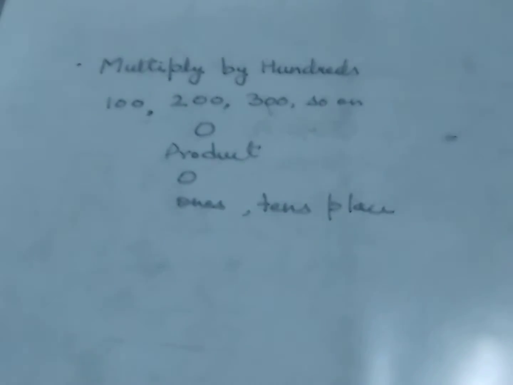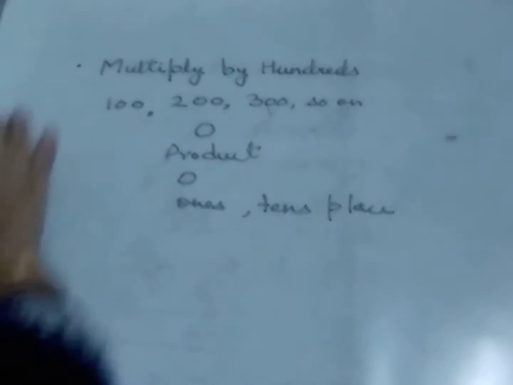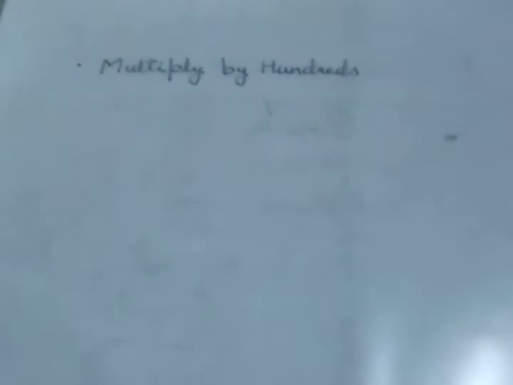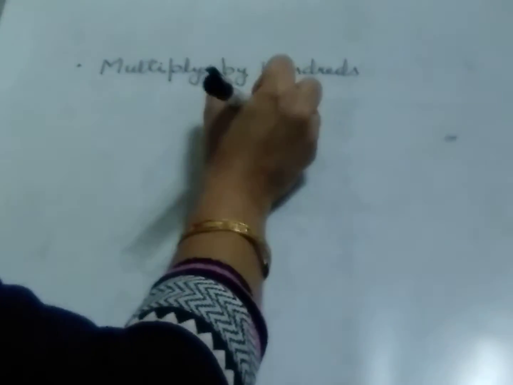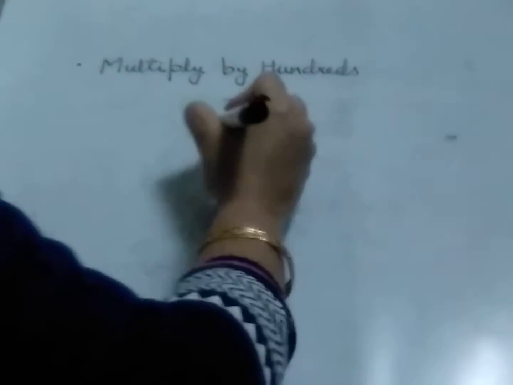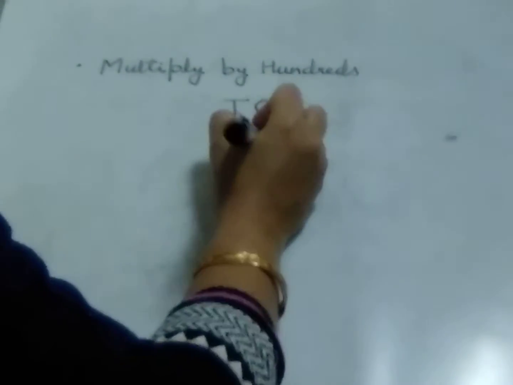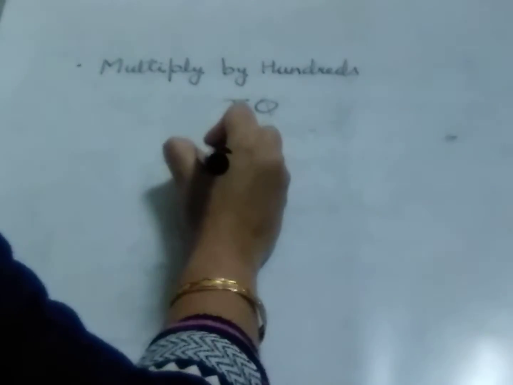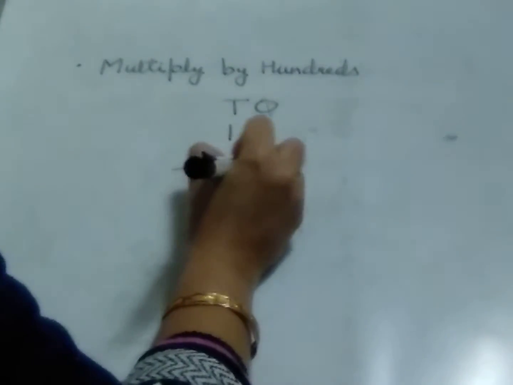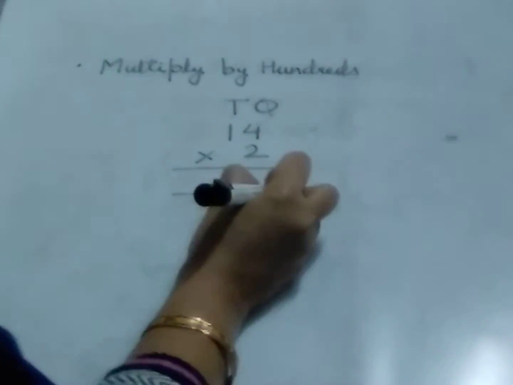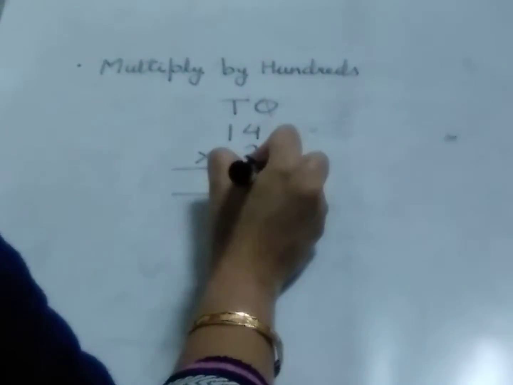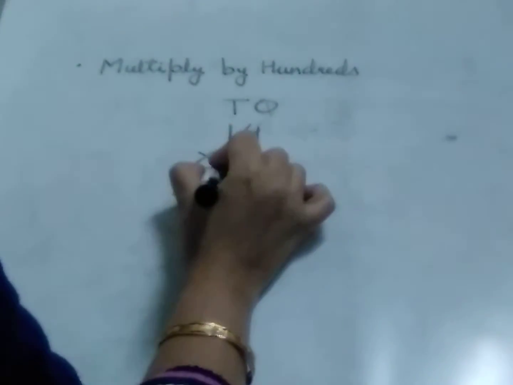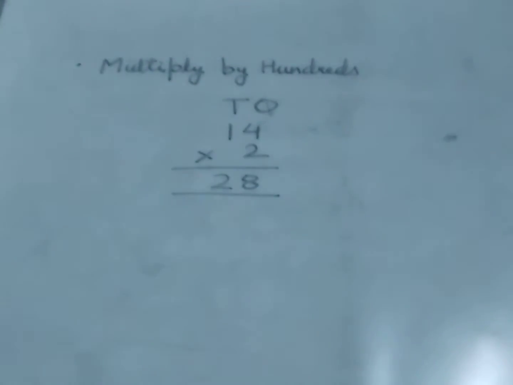For example, this is a number here. 14 multiplied by 200. So first of all, multiply by the number without the 0. That means 2 4s are 8, 2 1s are 2, 28.